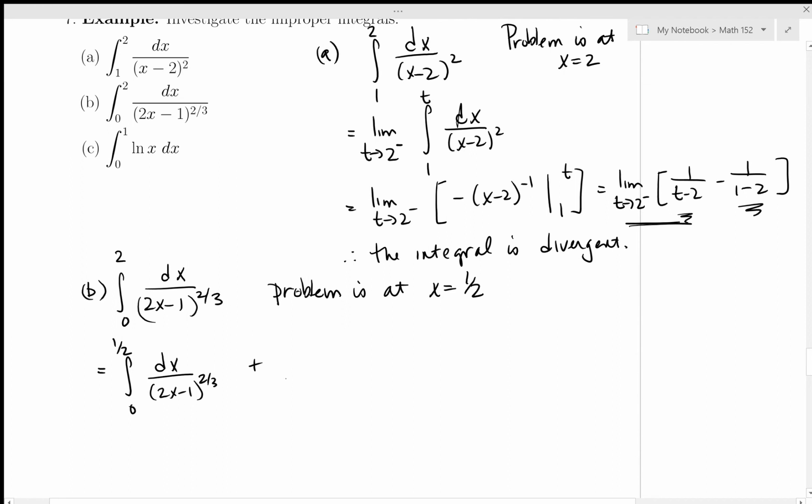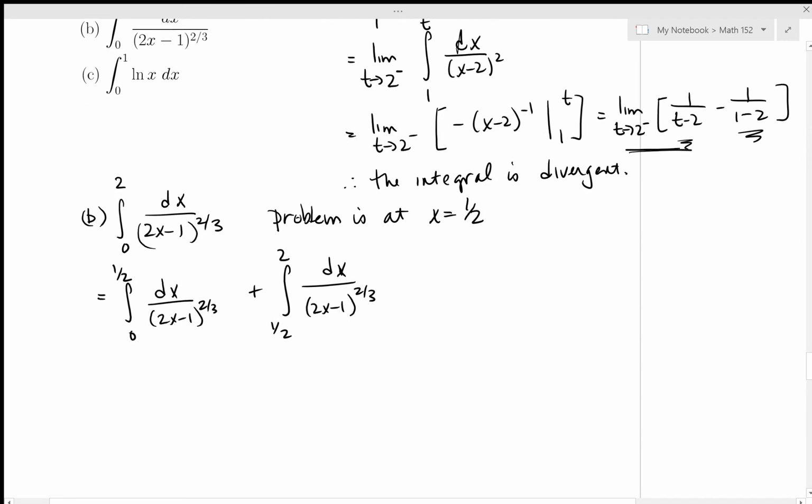And then I'm going to go from 1/2 to 2 dx over 2x minus 1 to the 2/3. Okay, and now I'm going to solve the same problems I just did right here. I'm going to put it into a limit, and then I'm going to integrate both of them, and then I'm going to take the limit, and I'm going to see what's happening.